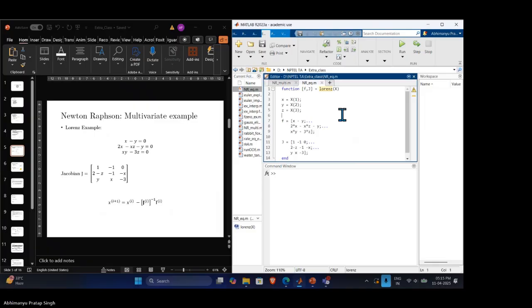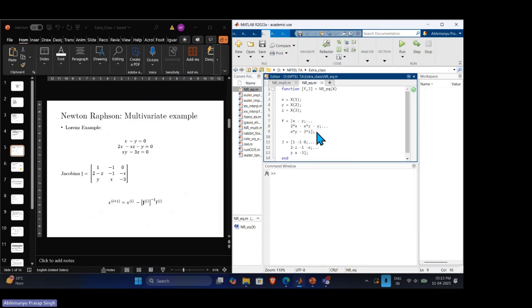Okay. So this is a Lorentz function. I have named it Lorentz, but I will change that to our equation. It's the same name. So the first one is x minus y. The next function is 2x minus xz minus y. The third one is xy minus 3z.